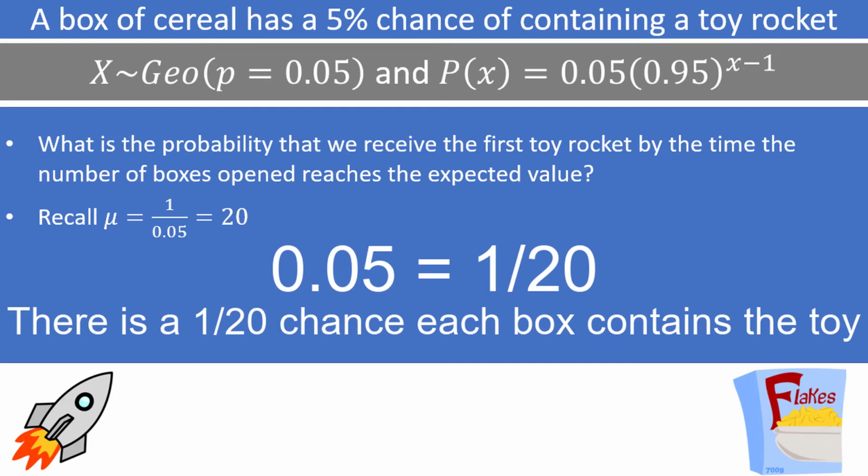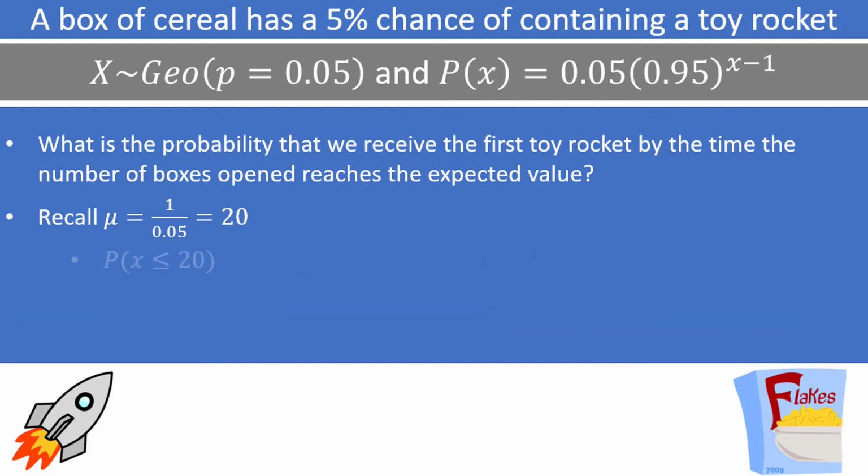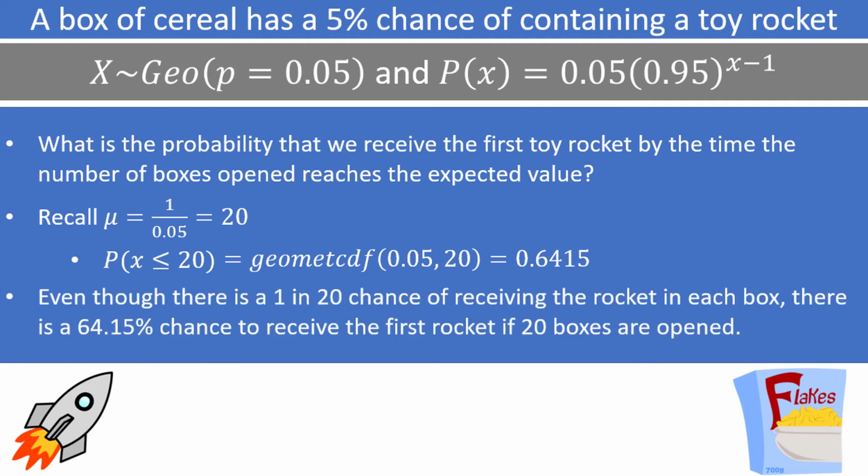In our example, the probability you find a toy rocket in one of the first 20 boxes is the probability x is less than or equal to 20, which is geometcdf(0.05, 20), or 0.6415. Even though there is a 1 in 20 chance of receiving the rocket in each box, there is a greater than 50% chance, a 64.15% chance to be exact, to receive at least one rocket if 20 boxes are opened, which is something that I find fascinating.